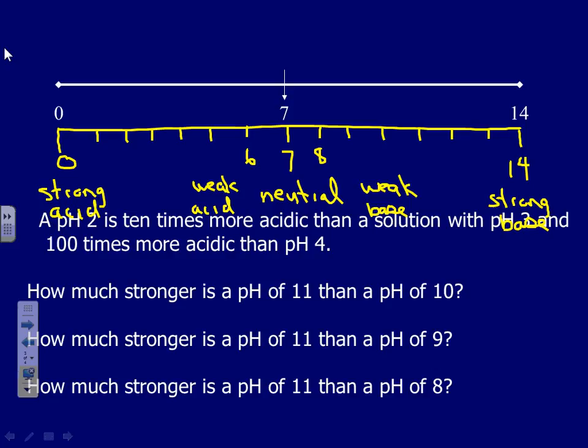Logarithmic means it's based on the number 10. So everything's about 10s. So a pH of 2 is 10 times more acidic than a pH of 3, and 100 times more acidic than a pH of 4. And that's because it goes by 10s.